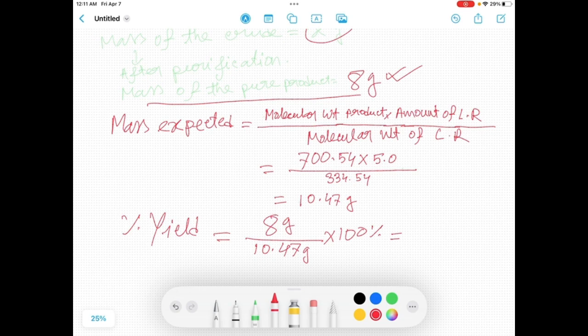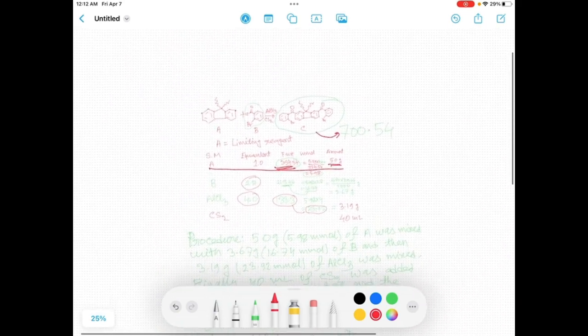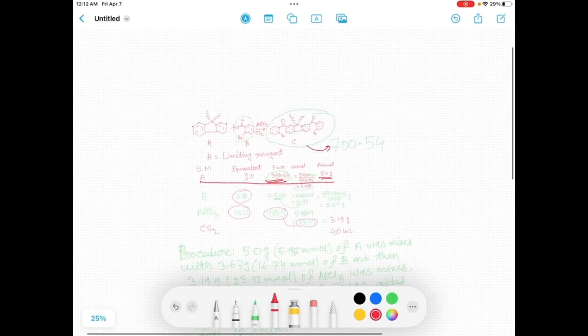So your percent yield will be 8 over 10.47 times 100, that will be 76.4%. So I hope you understand the calculation part here.